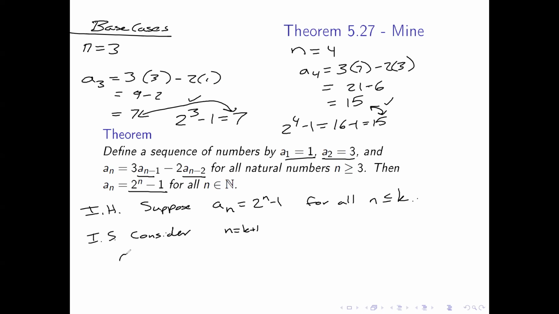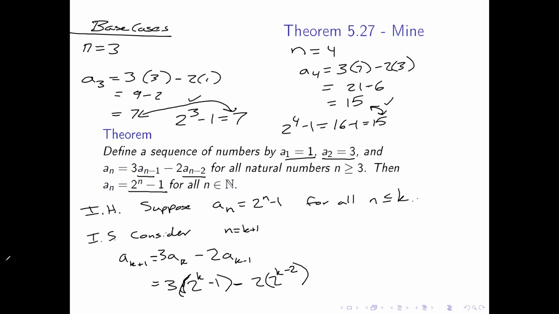Well, all we know is that a sub k plus 1 is equal to 3 a sub k minus 2 a sub k minus 1. But by our induction hypothesis, this equals 3 times 2 to the k minus 1, minus 2 times 2 to the k minus 2.